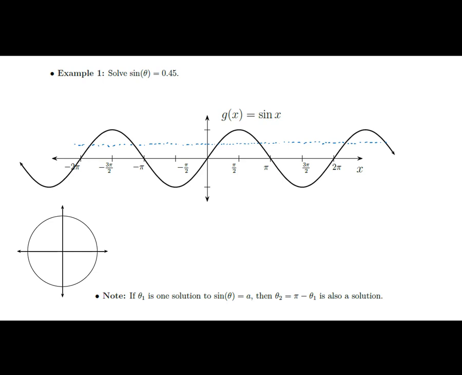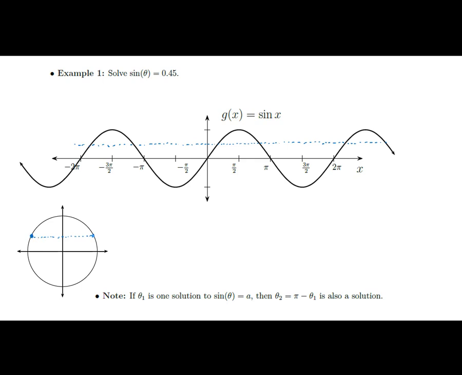And we can also think of this as asking us on the unit circle, where will the y value be 0.45? Remember, the sine function gives us the y value of a terminal point on the unit circle. So I could go to y equals 0.45 here on the unit circle and say, okay, when's this going to happen? Clearly right about there and right about there.